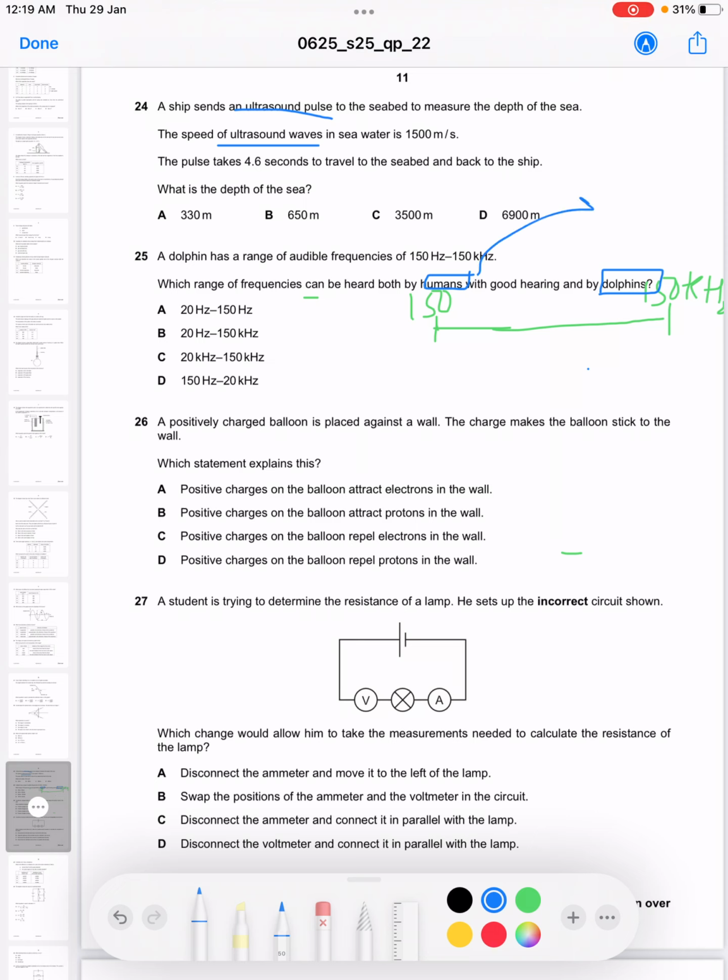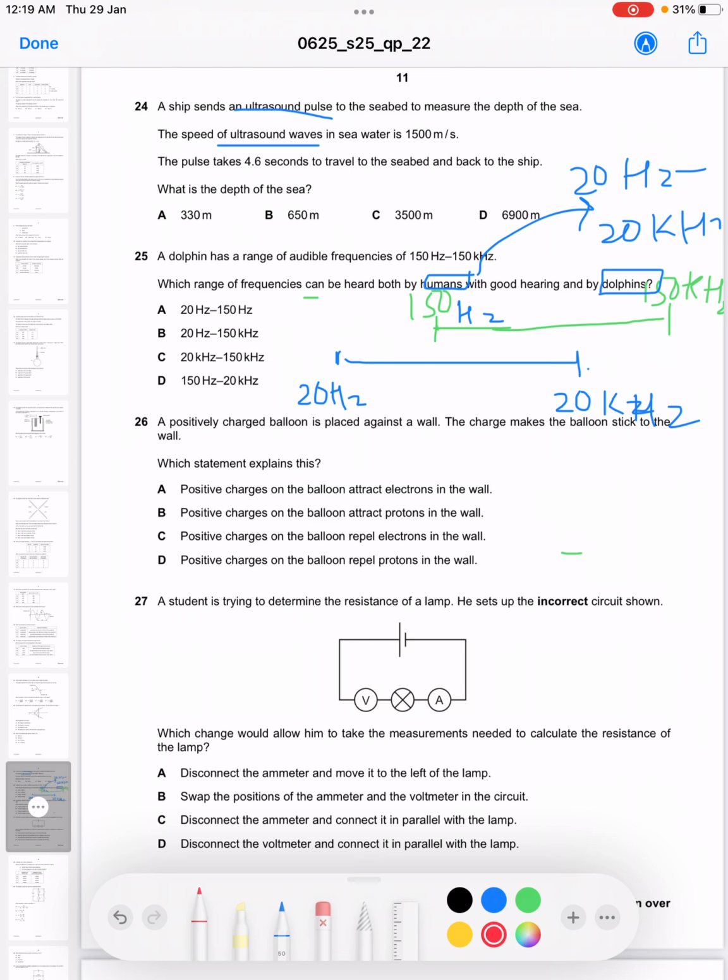We all know that the human audible range is 20 Hz to 20 kilohertz, right? So 20 Hz is this one and 20 kilohertz is here. So we need to find the range audible for both of them.